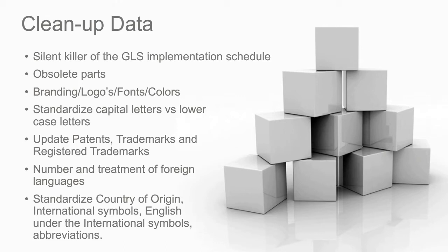Additionally, due to uneven interpretation of the regulations, you've got country of origin designations all over the place. You've got international symbols both with and without English descriptions. And you've somehow managed to abbreviate length 3 different ways, circumference 4 different ways, and diameter 5 different ways on your labels.